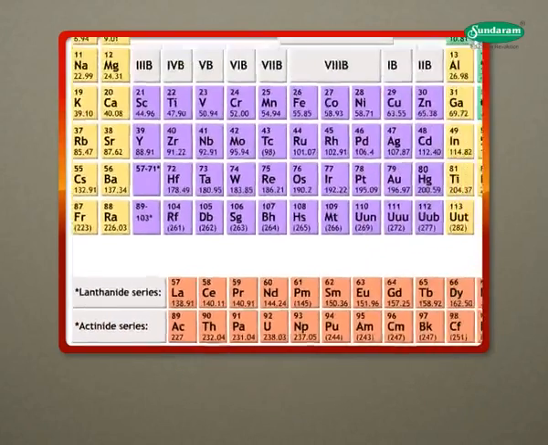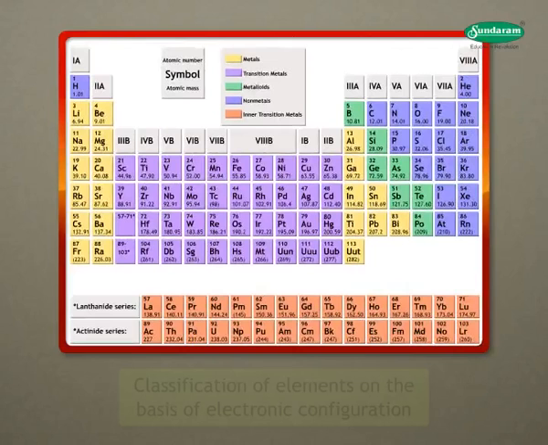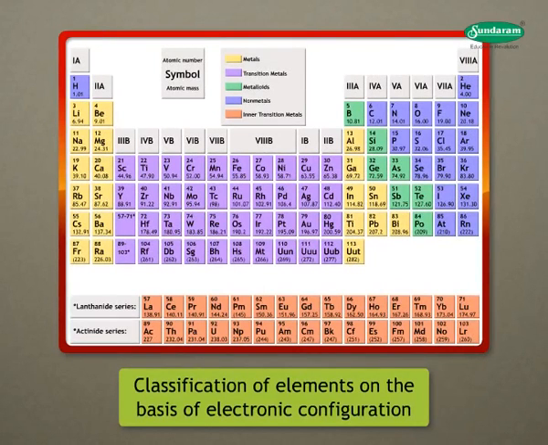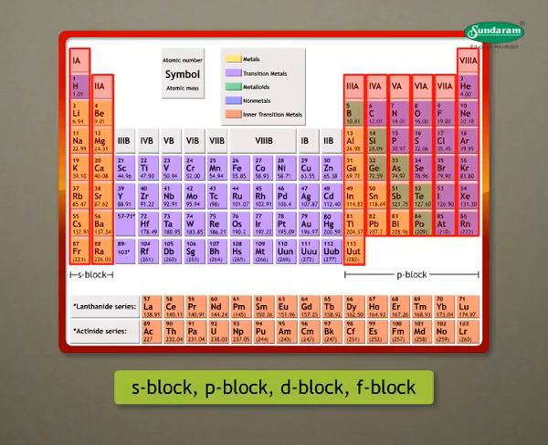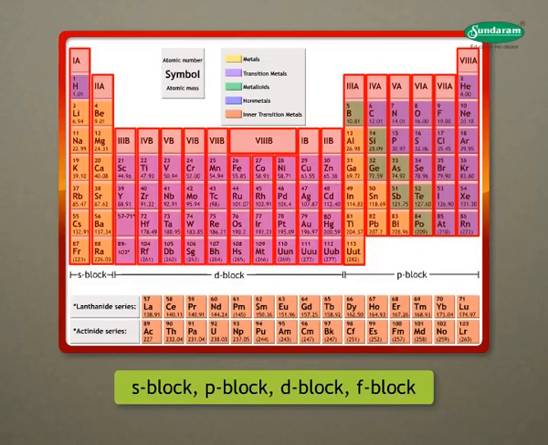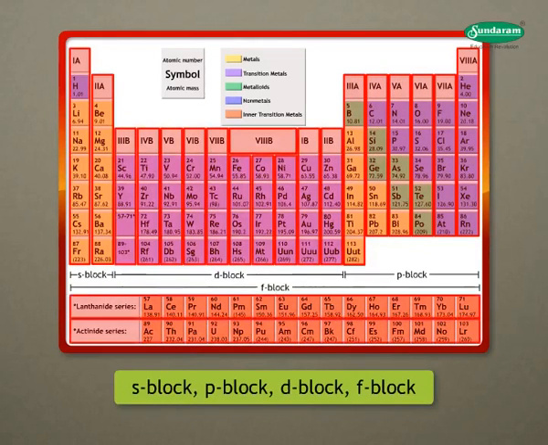Elements in the modern periodic table are classified on the basis of their electronic configuration. They are divided into 4 blocks: S block, P block, D block and F block.